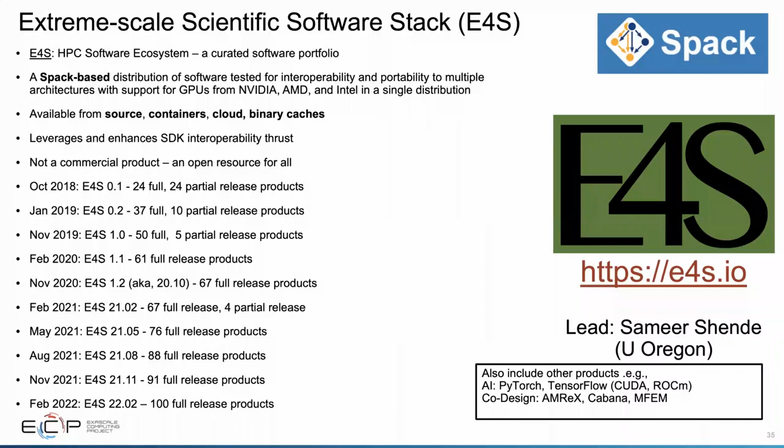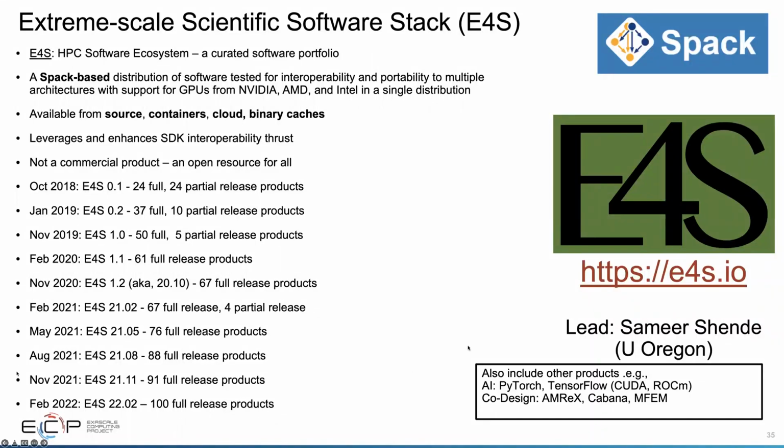Now, starting from our release in October 2018, where our first release had like 24 packages, we just had a release last month where E4S 22.02 had 100 different release products.